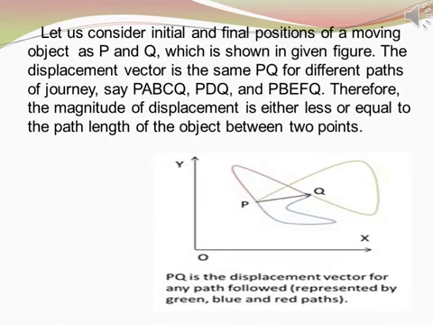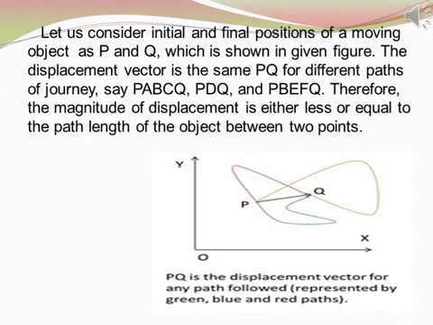Let us consider initial and final positions of a moving object as the point P and the point Q, which is shown in the given figure. The displacement vector is the same, PQ, for different paths of journey, say PABCQ, PDQ and PBEFQ.